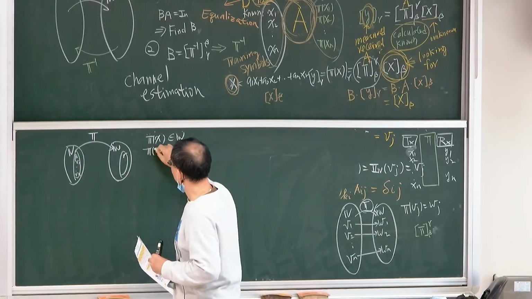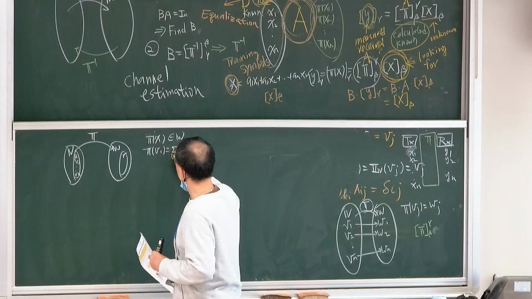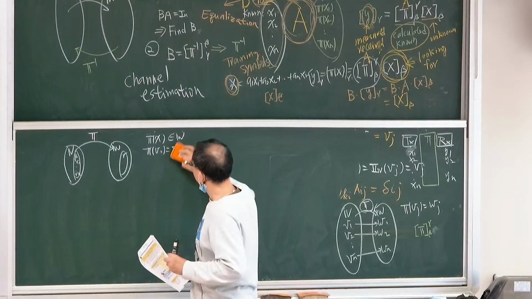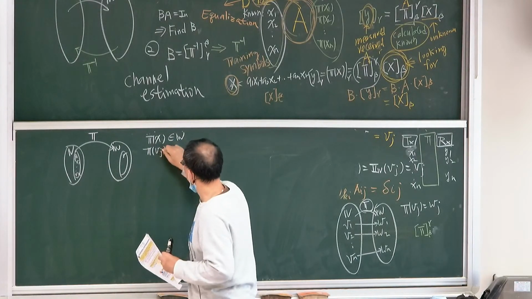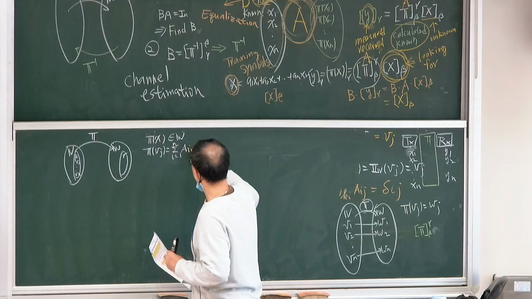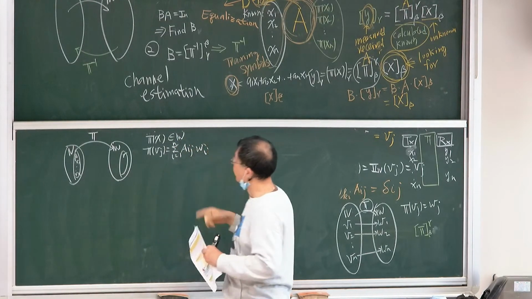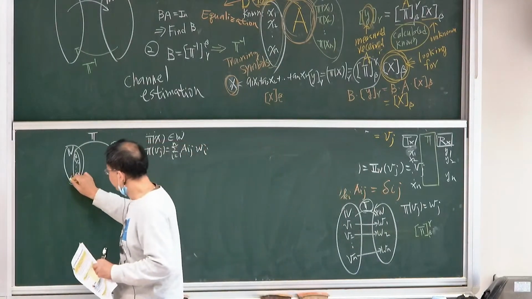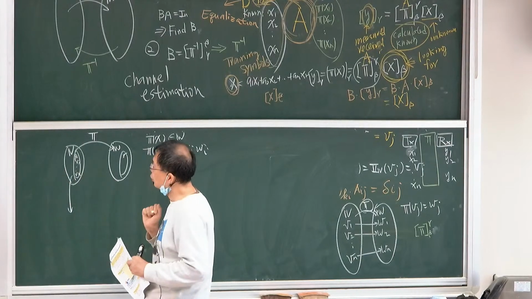So we write T(v_j) equals the summation from i equals 1 to n of a_ij times w_i.